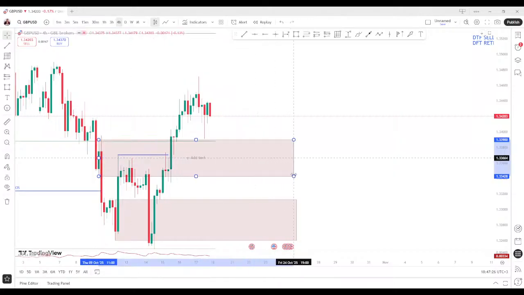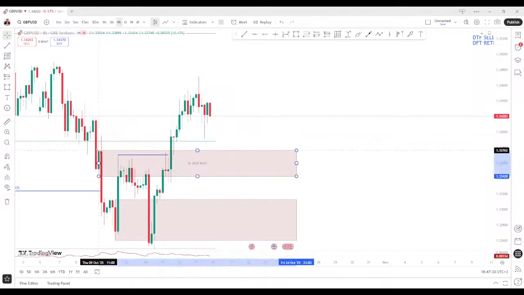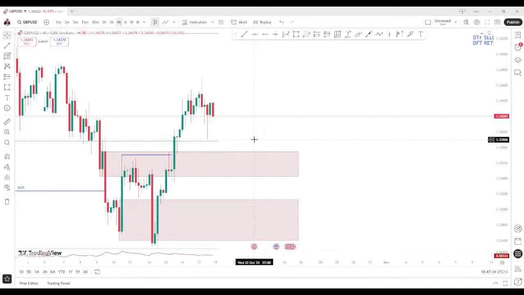Okay, it is in that area. And so what you can do, you can refine it to the body there. And so what can you see? You can see liquidity here. This is liquidity, and you can see liquidity here.